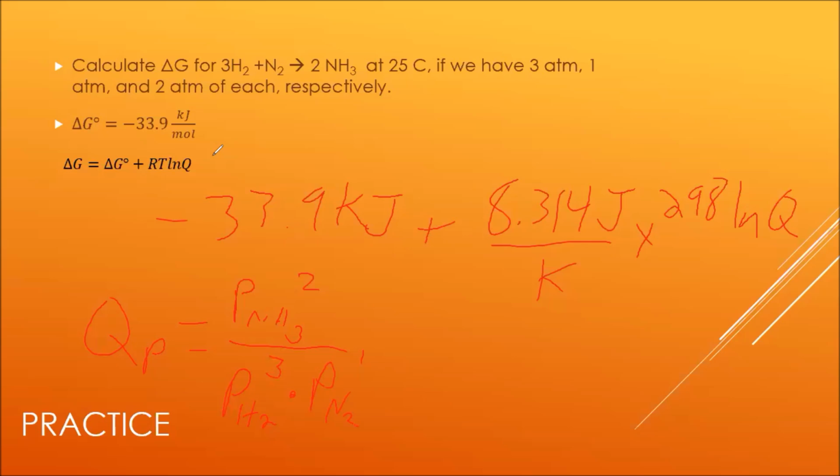So ammonia is squared, hydrogen is cubed, nitrogen is to the first power, based on the chemical reaction we have up there. So with that in mind, respectively, 3 hydrogens, cubed, 1 nitrogen, and 2 ammonias.